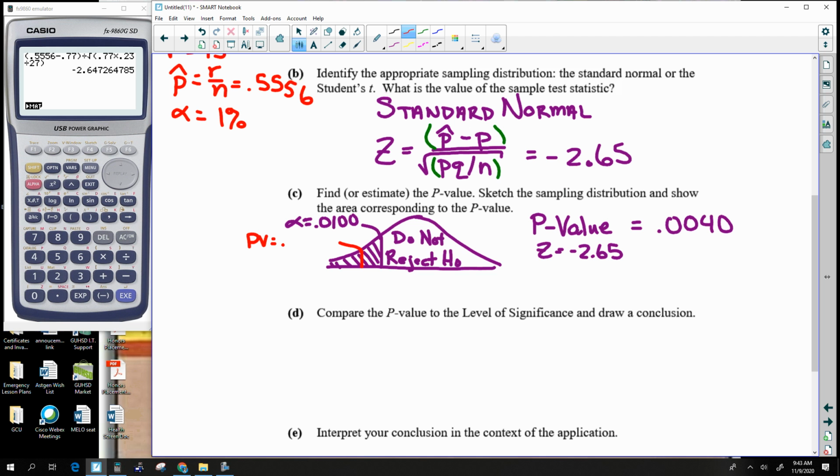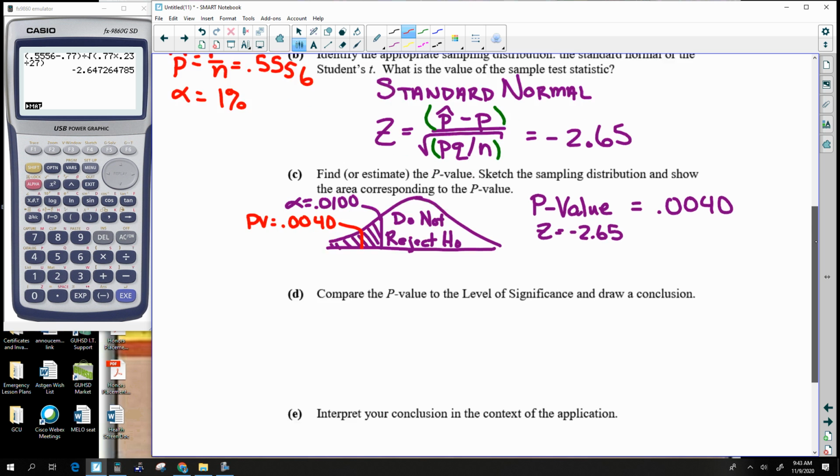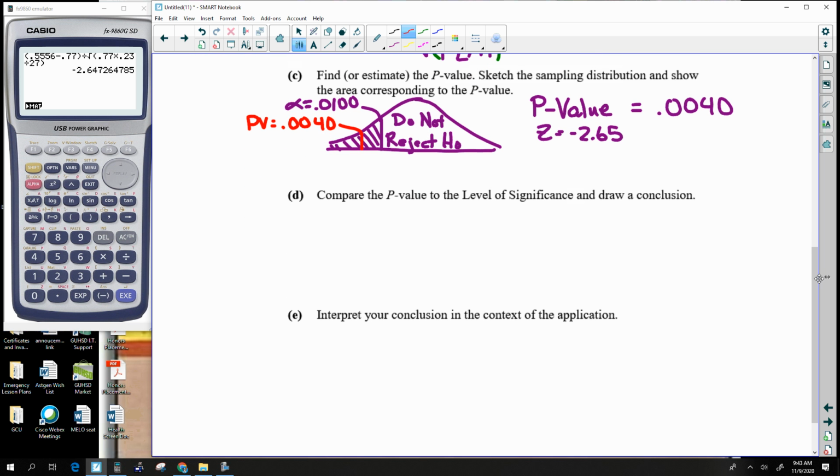The p-value is 0.0040. So I see that the p-value is less than my alpha. That means it falls in that rejection zone: reject H0, accept H1.